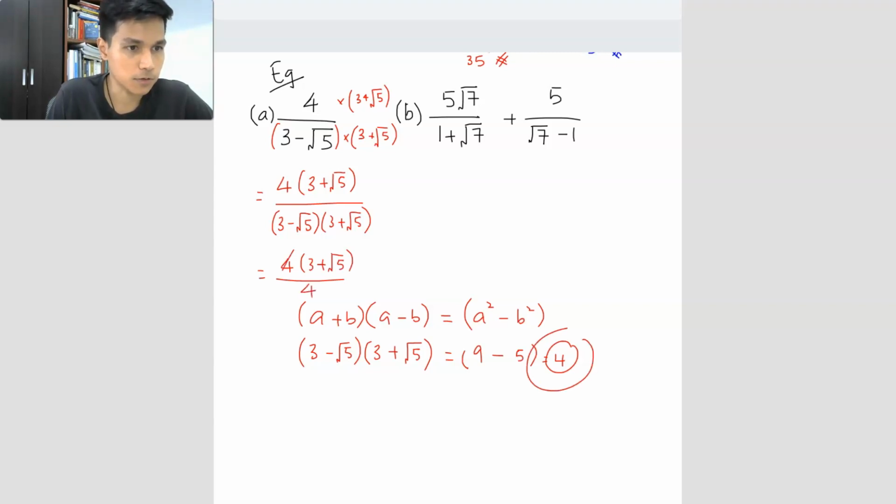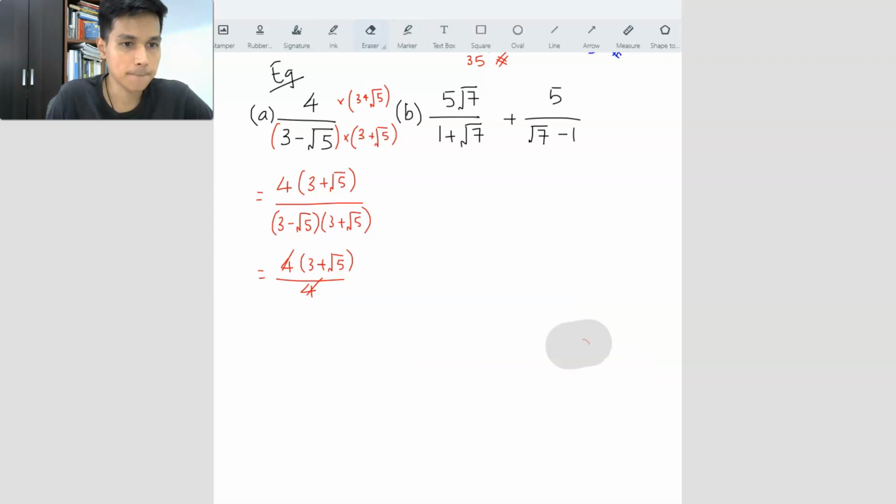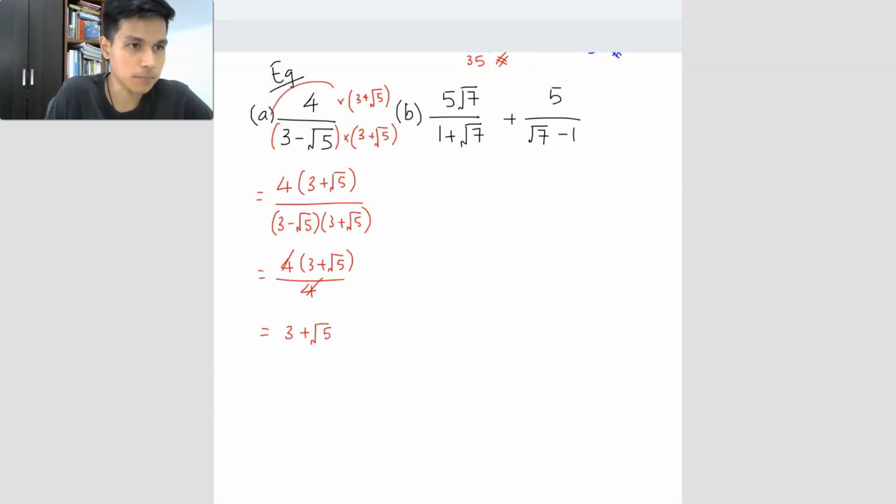So what you can do? You can cancel. Let me erase this. So your answer is 3 plus surd 5. So isn't this a much simpler form compared to the fraction above? It's more simple. So that's why we multiply this, what we call the conjugate, the opposite of it, so that we can remove the surd from the denominator.